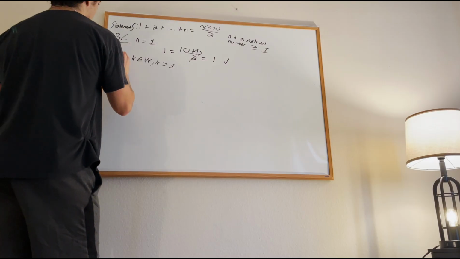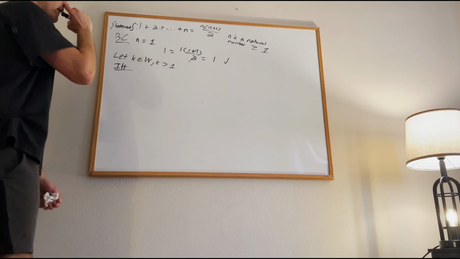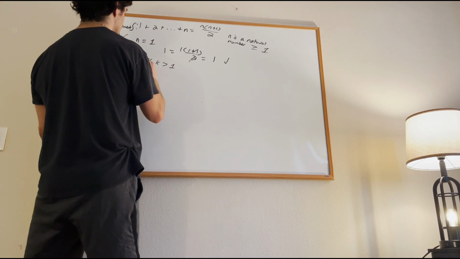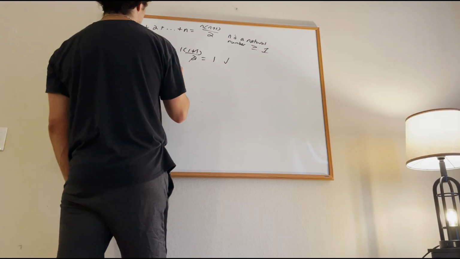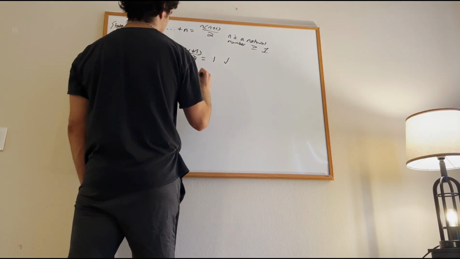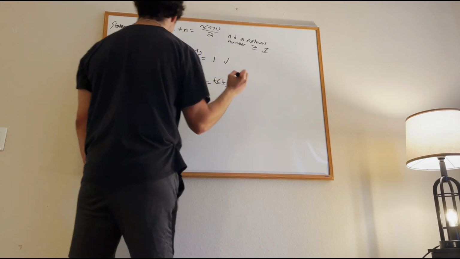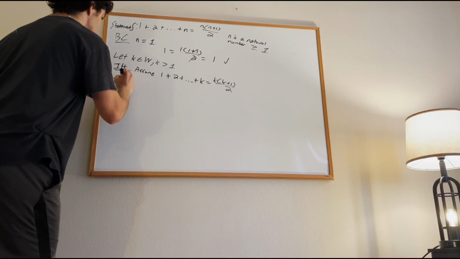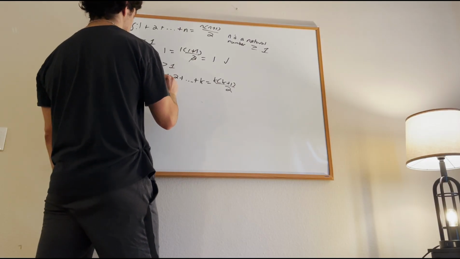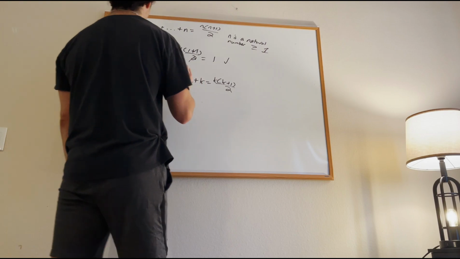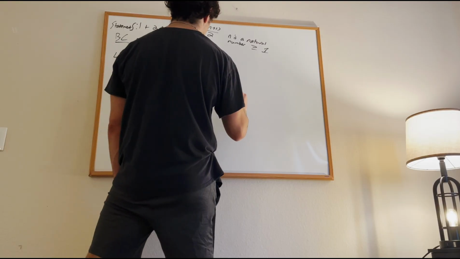Okay. So now, our inductive hypothesis is that we assume the formula holds for some arbitrary k. So 1 plus 2 plus ... plus k equals k(k+1)/2. Now we want to use our inductive hypothesis to show S is true for k plus 1.